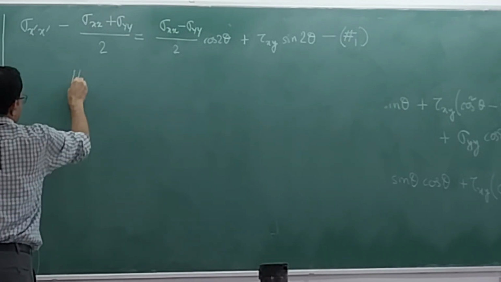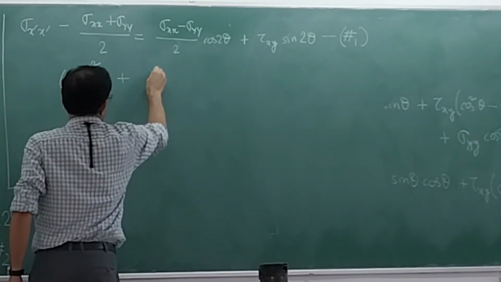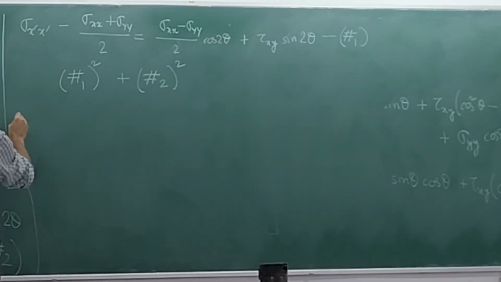So we square the two equations and we add them up. What happens?